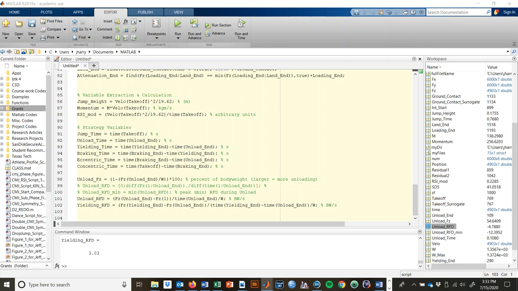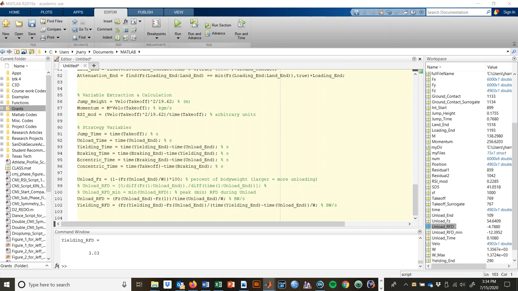At that time, zero velocity is happening, so those are the same thing. Since we've got this defined as the end of the eccentric braking phase, we'll just call this the braking force or the braking FZ. But any one of those, it's all synonymous. This is the same thing as an amortization FZ or amortization force or a force at zero velocity. So we're talking about the same variable.